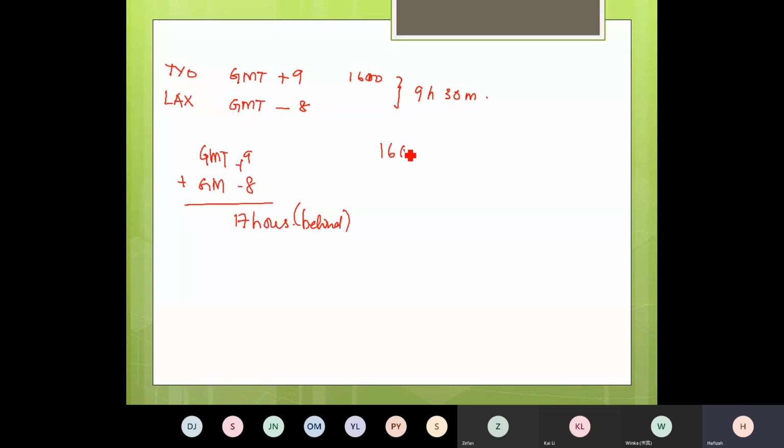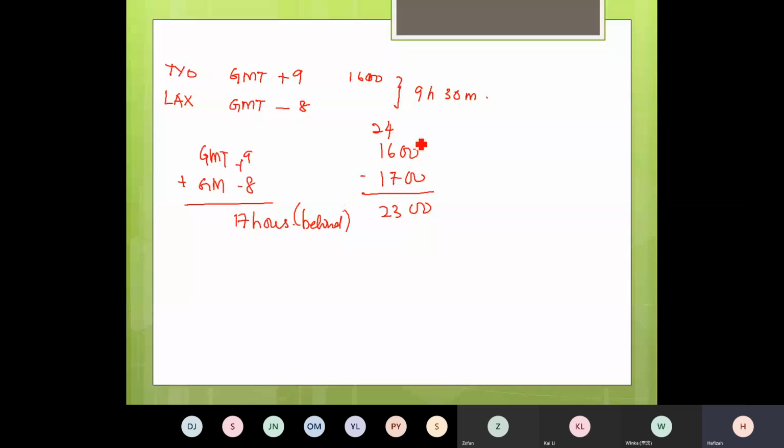So 16:00 we should minus 17 hours. You borrow 1 day. So you get 23 here.